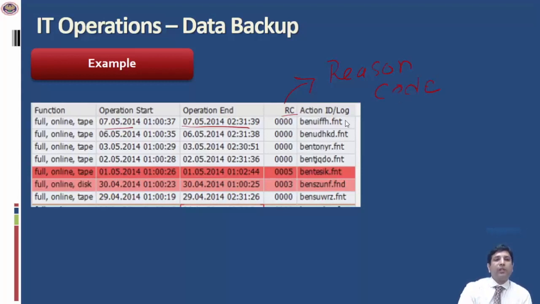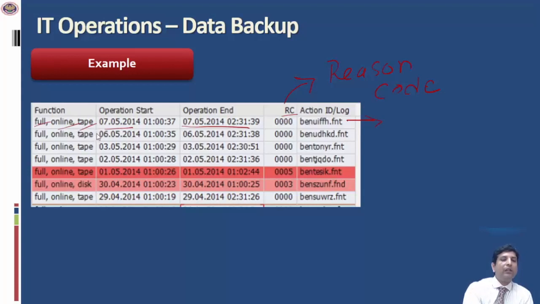And what is the log file? If the administrator wants to take a look at what happened during this function, this file can be opened up and seen, and there will be technical details. Anyway, for the purpose of our example, you can see that a full backup, online backup, is happening to a tape. In the previous example, we saw that backup was to a device.